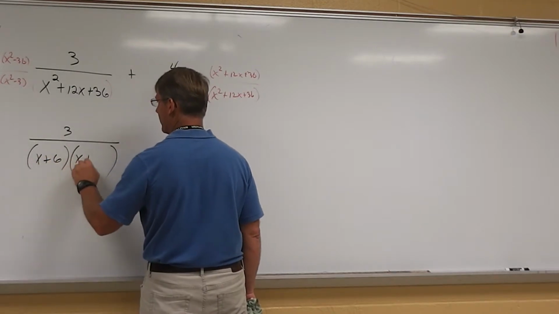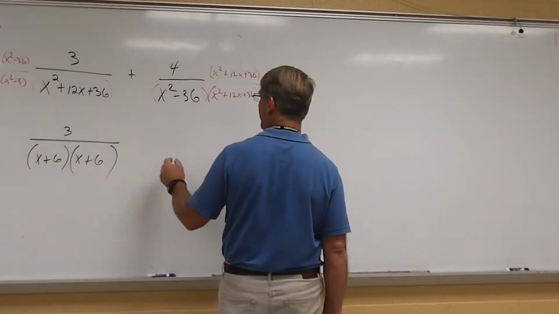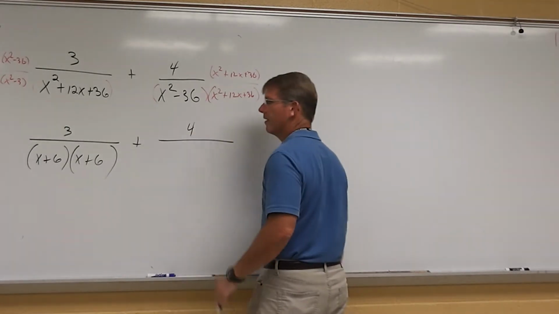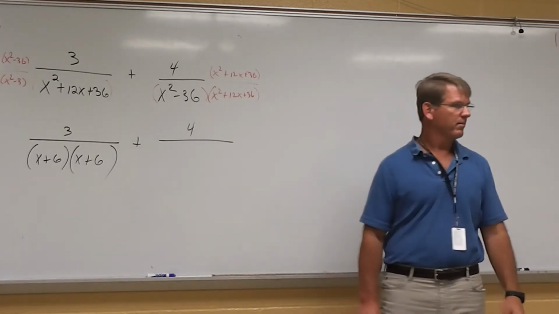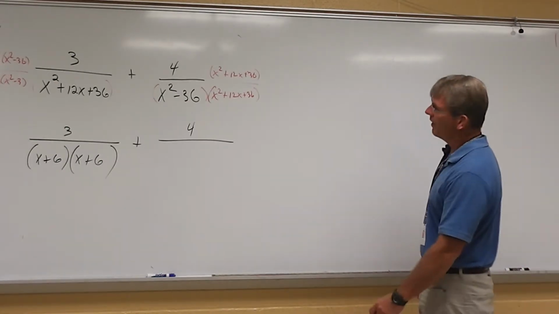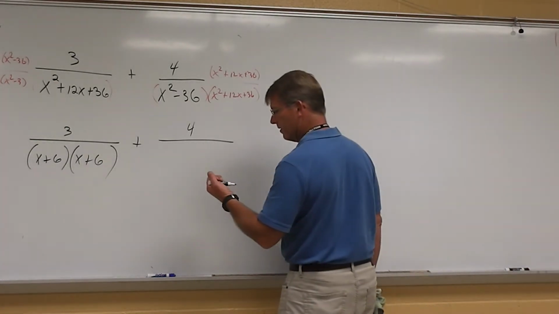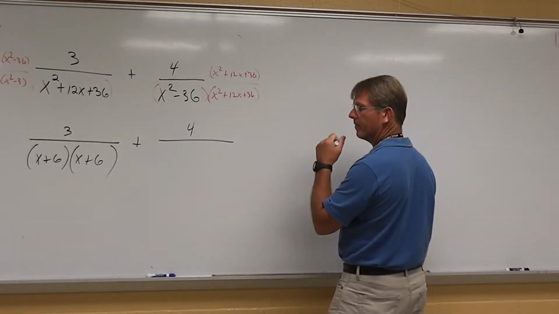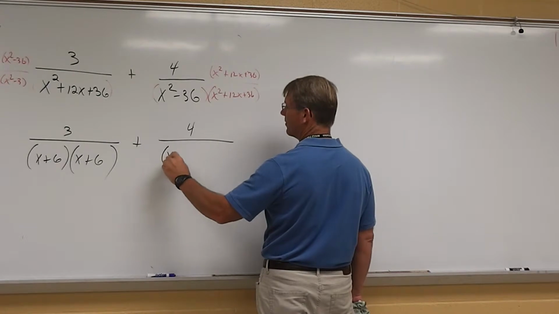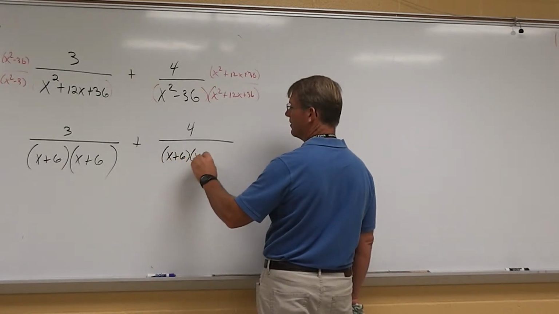Turns out that was a special trinomial, wasn't it? What kind would we call that, Emily? Perfect square trinomial, right. Denominator on the right side, what kind of factoring there, Kim? Difference of squares. Two binomial conjugates, x plus 6, x minus 6.